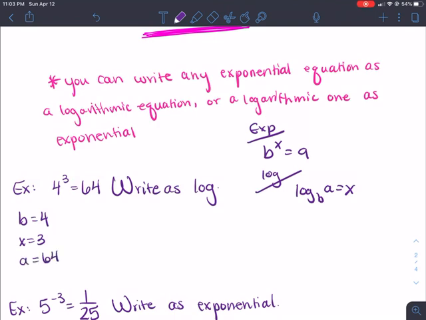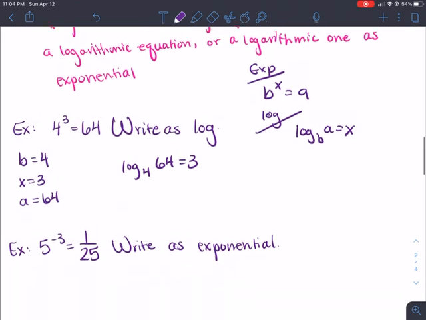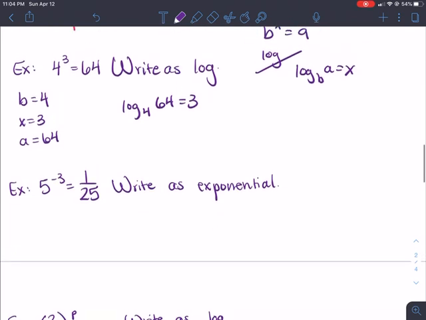This is an exponential form, so I need to move it to log. If you write it out like this, you now just have to plug it in. So log base 4 of 64 equals 3, okay? If you write it out over here on the left as values, then you can just plug it into the equation. We're going to do another one, okay?